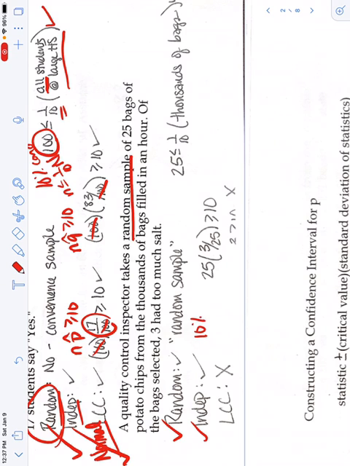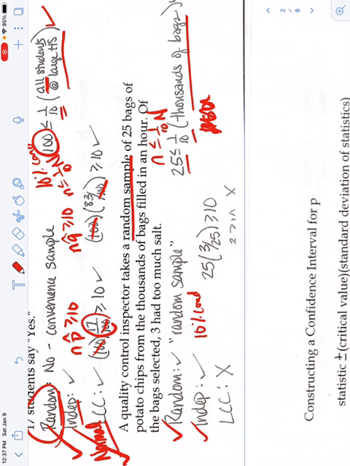Again, I would write 10% condition, and I would write my formula here. And I had a sample of 25. There's my 1/10, and this is the thousands of bags, so absolutely, because this would just need to be 250 for this to be a true statement. I've got thousands of bags, so all is good.